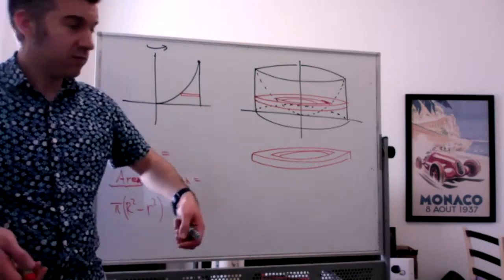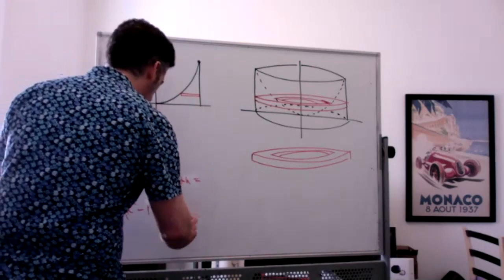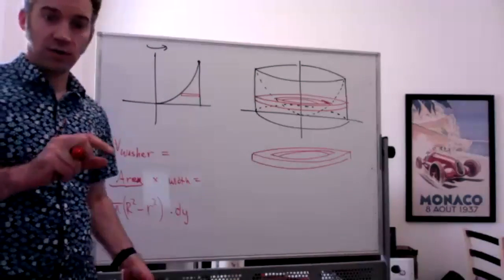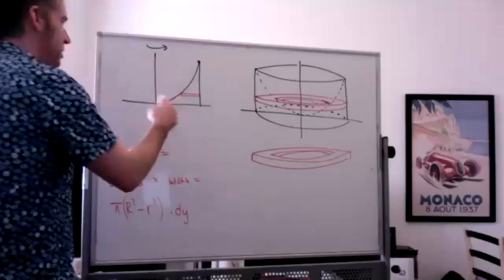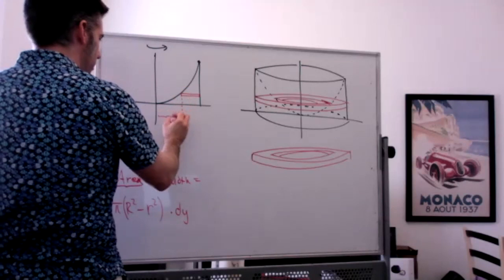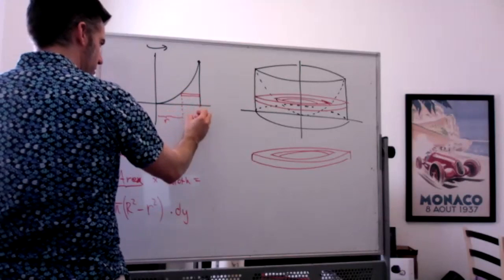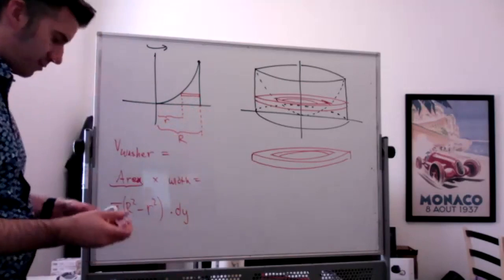Area of the big circle minus area of the little circle. And then the width is going to be dy, because it's a horizontal strip and the thickness is a little change in y. So when you rotate this around, that's going to be my inner radius, and that's going to be my outer radius.